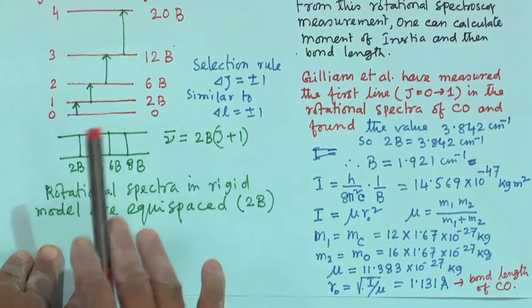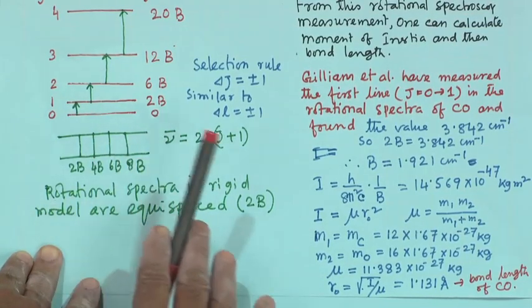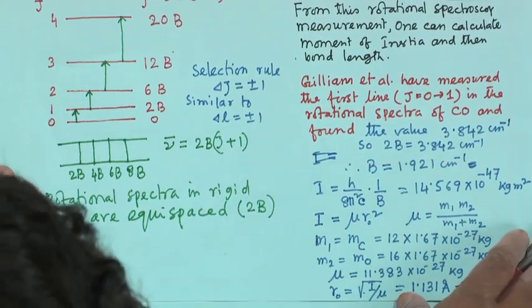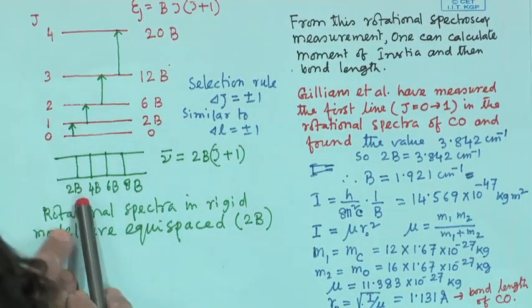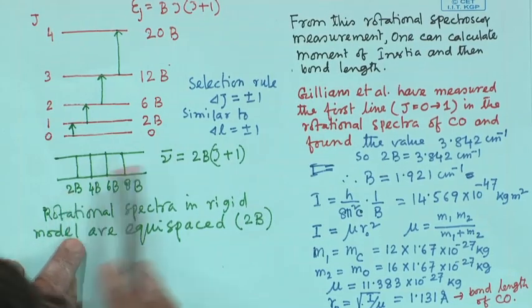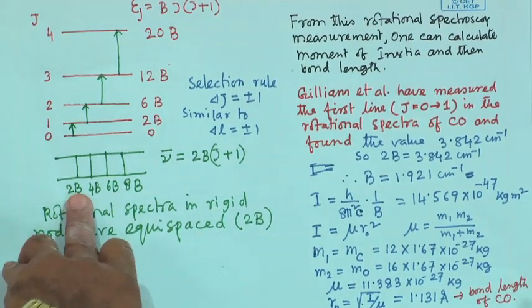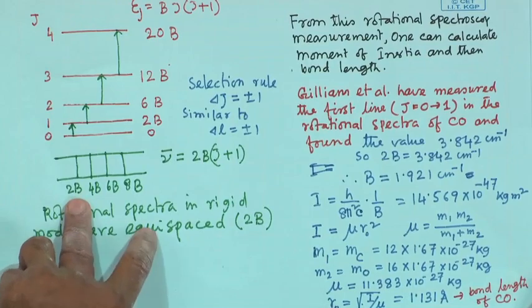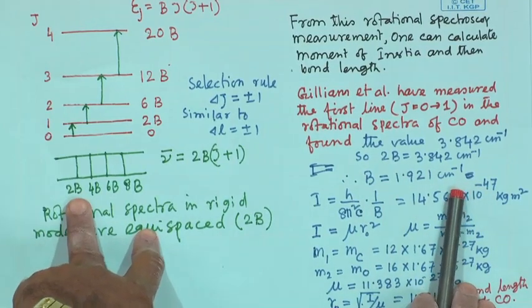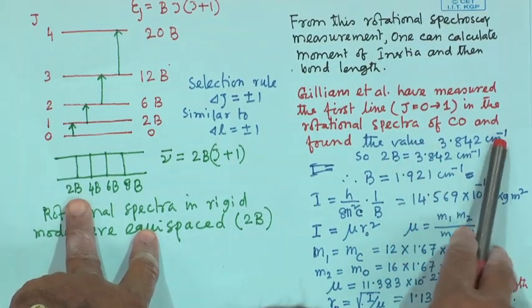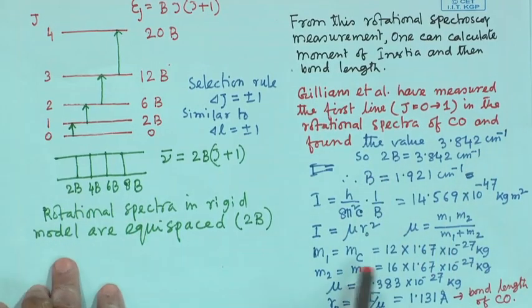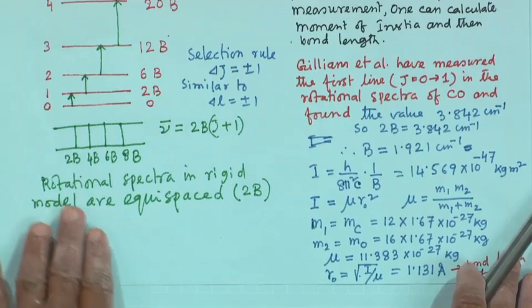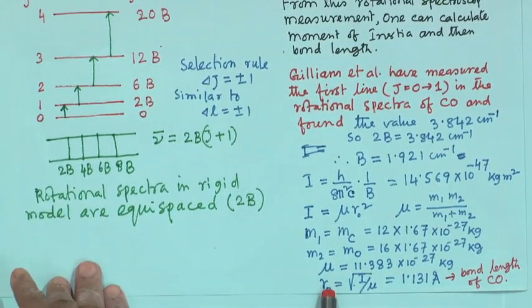Using the expression we got from this theory for the energy of the spectral lines, if we equate this theoretical energy of spectral lines with the calculated or experimental energy of the spectral line, then from there one can calculate or find out the bond length of the molecule.